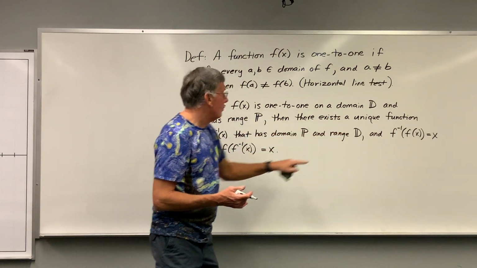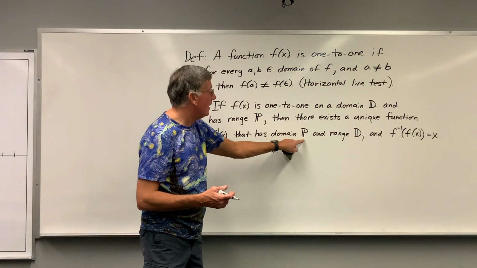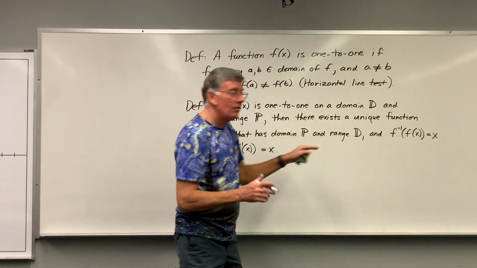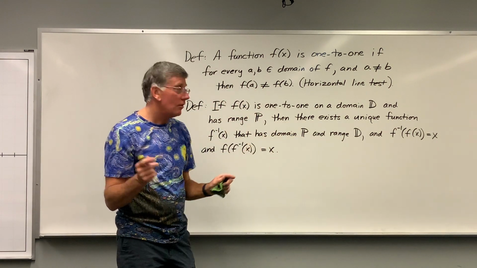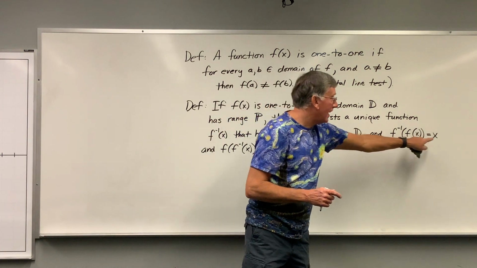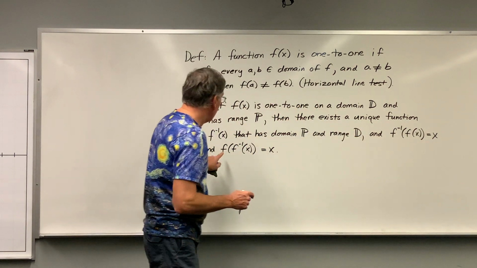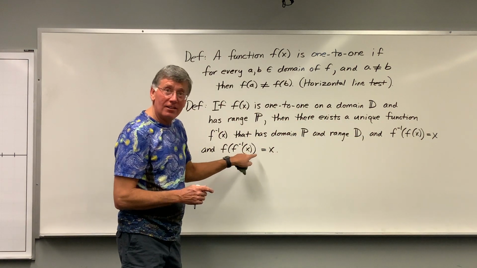Then there exists a unique function f inverse of x that has domain P and range D, so the domains and ranges swap, and I can compose these functions and get x. F inverse of f of x is x, and f of f inverse of x is x.